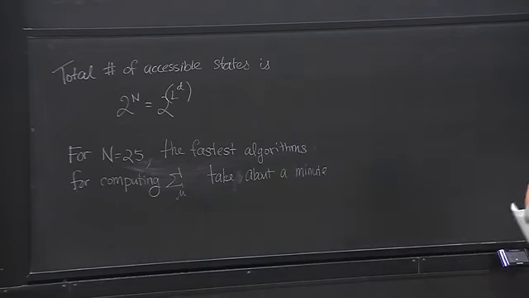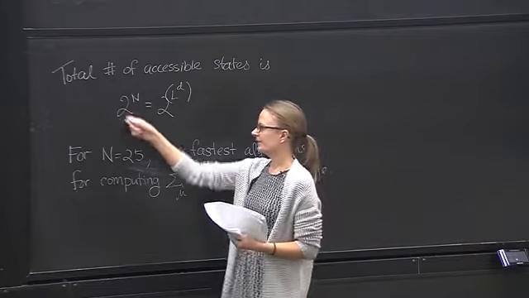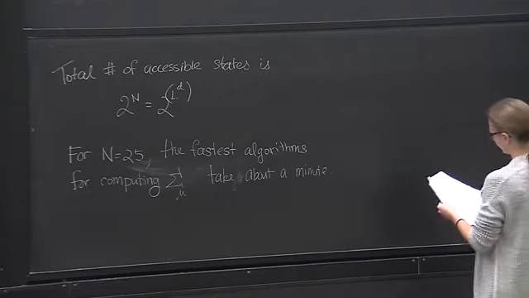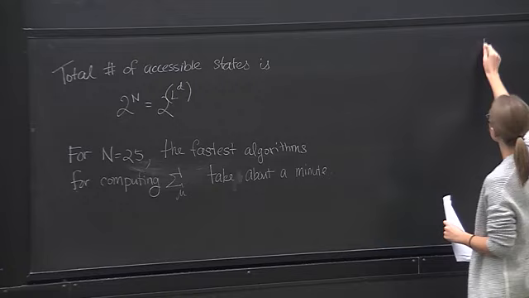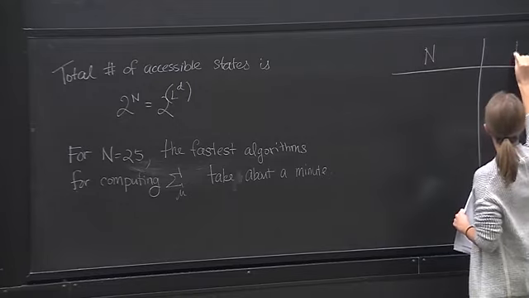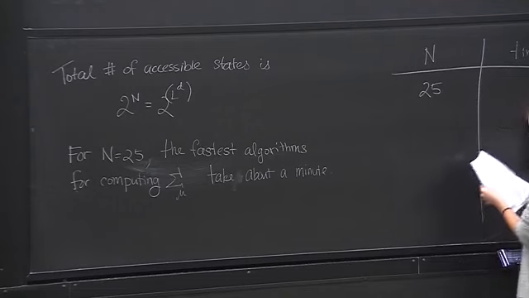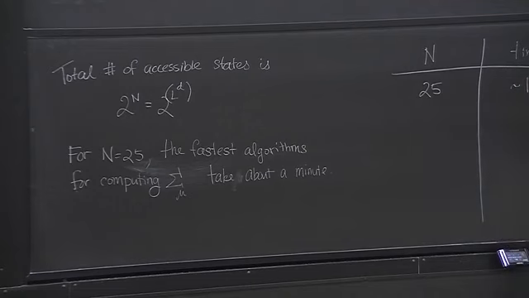Okay, so if we know that that takes a minute, then we know that the time required is going to scale exponentially with the number of spins that I have in my system. So for n equals 25, the time is on the order of a minute.